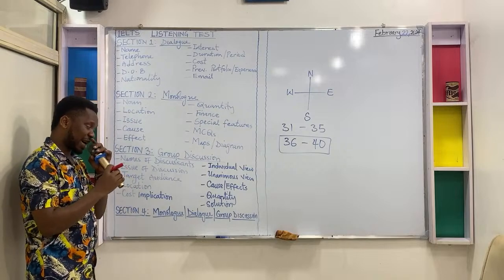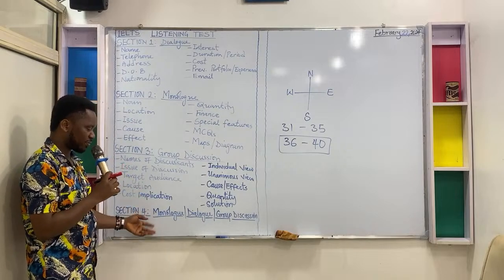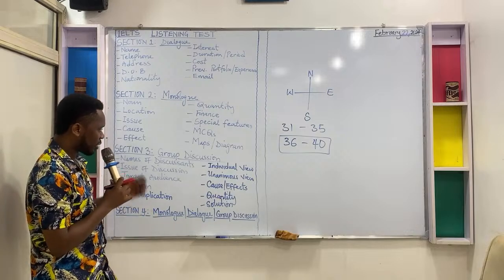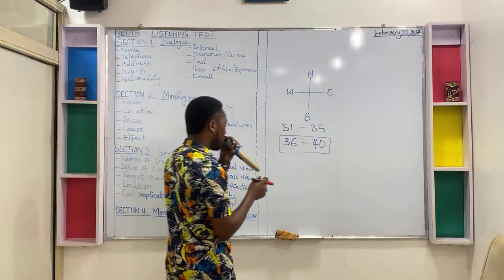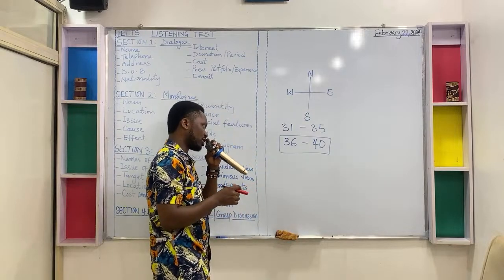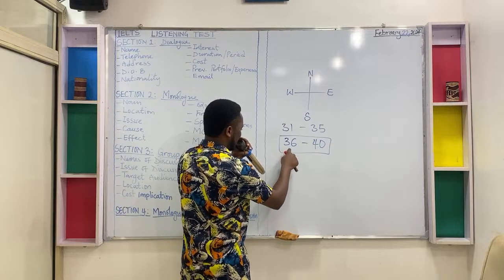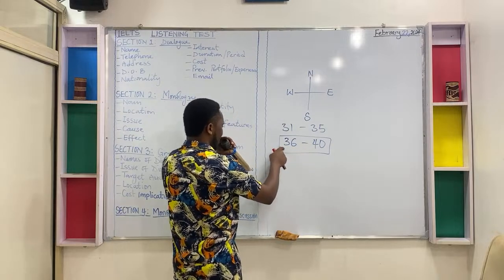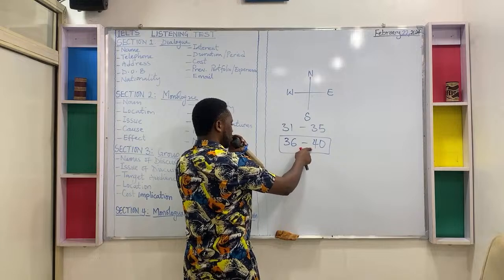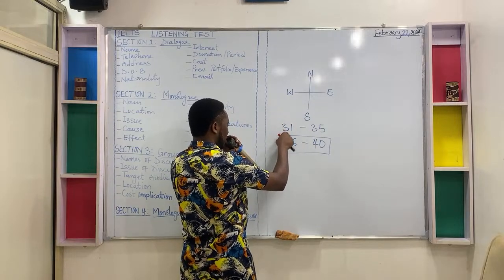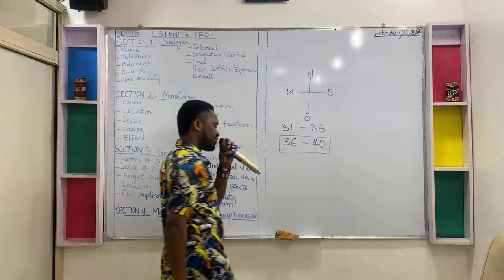So you are strongly advised to reserve enough energy for section 4. The best way to manage section 4 is, when the author says you have some time to read questions 31 to 40, the best approach is reading questions 36 to 40. So that by the time you are approaching 40, you notice that the audio now wants to begin. It is easier for you to rush back to 31 and you'll be able to manage the first 5 questions.